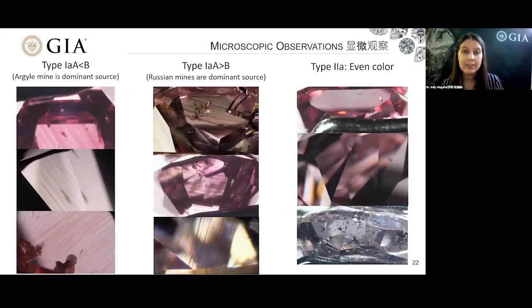One of the most interesting things we've seen about diamonds in this pink family is that we can learn a lot by looking at it in the microscope. We can make a good estimate about its diamond type and perhaps even its origin.